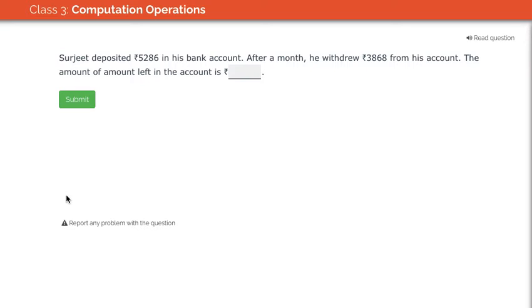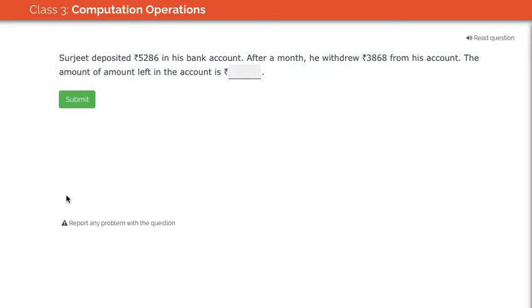So you can't subtract 8 from 6. So the 6 will borrow from 8. 6 will become 16. 16 minus 8 is 8. 8 will become 7. 7 minus 6 is 1.